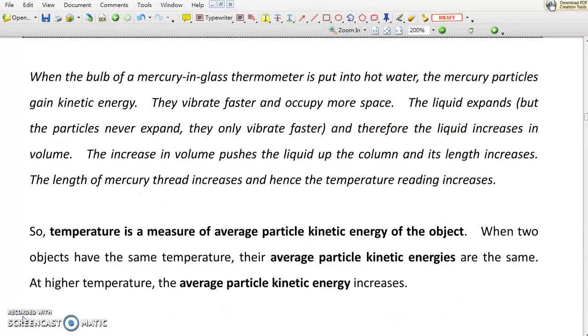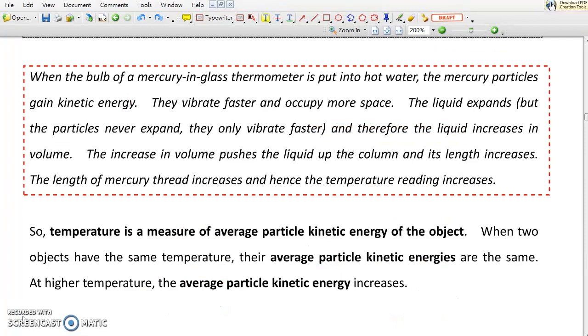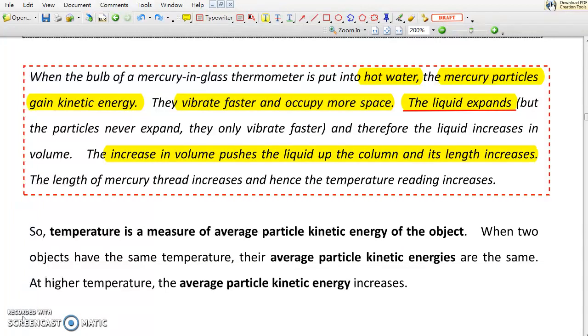So how does a thermometer work? When you put a mercury in glass thermometer into hot water, the mercury particles gain kinetic energy and they vibrate faster and faster, and then occupy more space. The separation between them increases and finally the liquid expands.